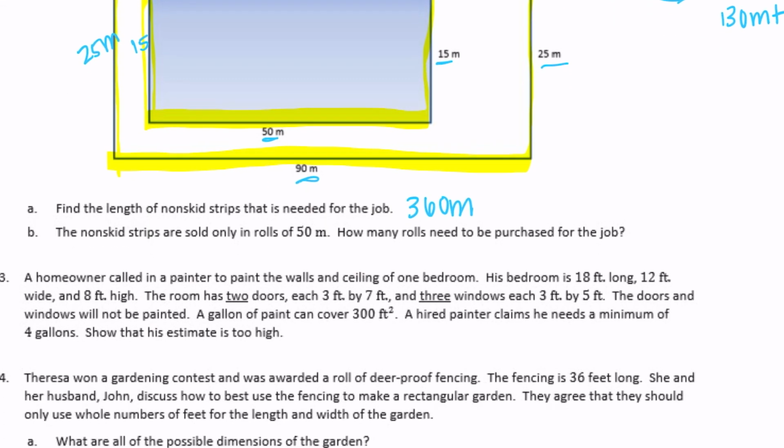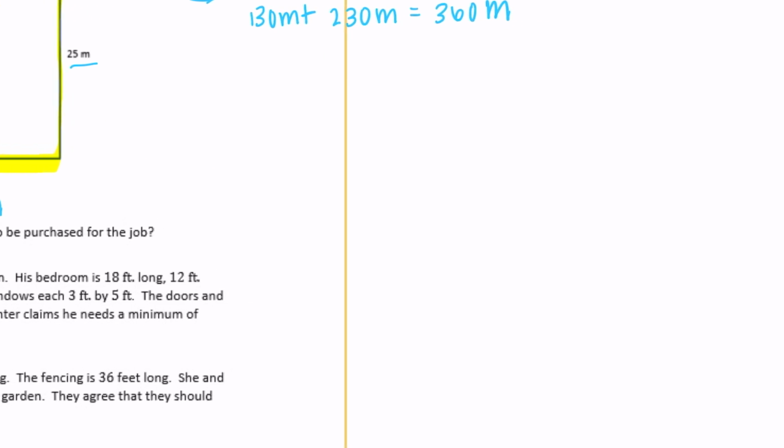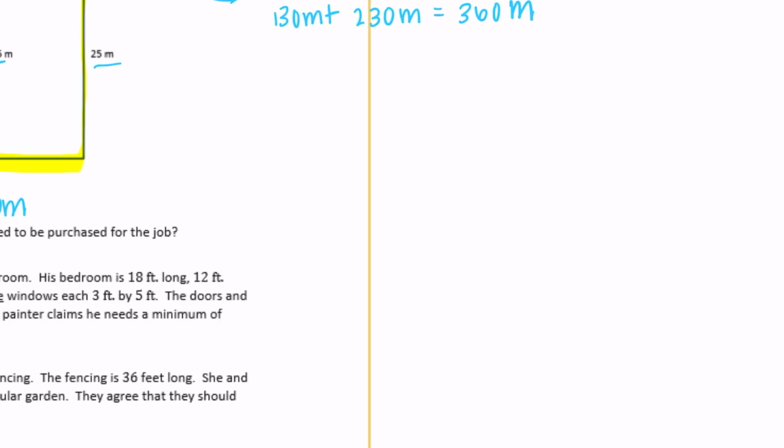B, the non-skid strips are sold only in rolls of 50 meters. How many rolls need to be purchased for the job? So we need 360, they're sold in 50 meters. So let's do 360 divided by 50, so we can figure out how many we'll need. 50 can't go into 3 or 36, but it could go into 360.